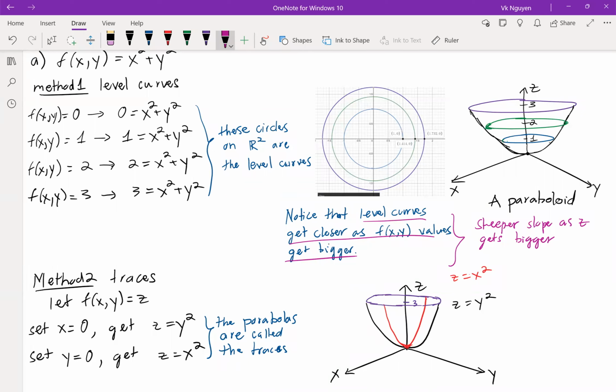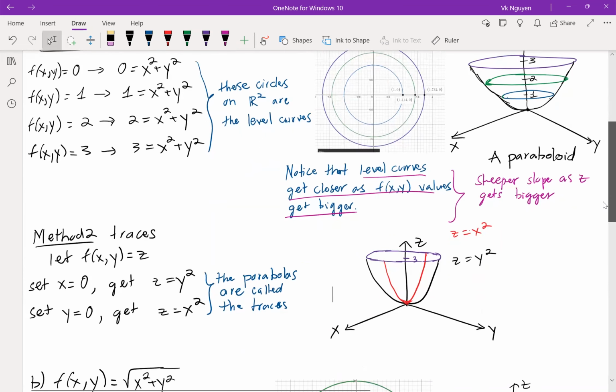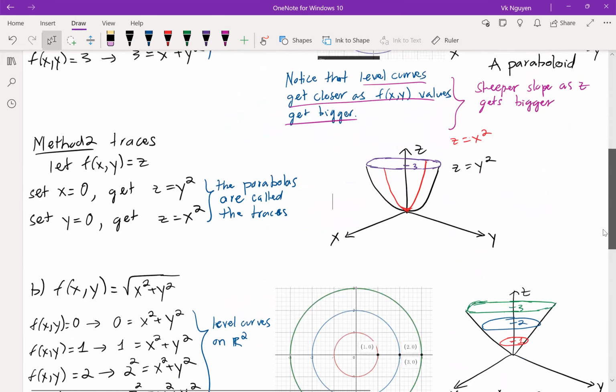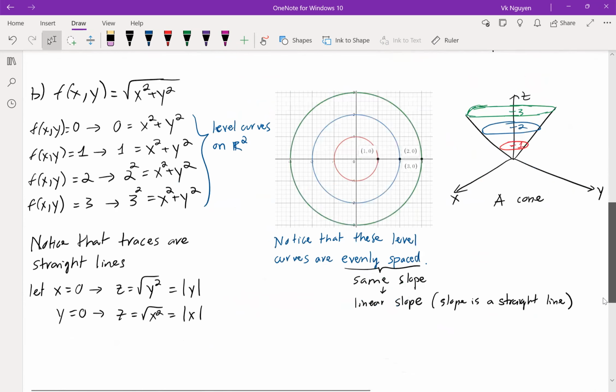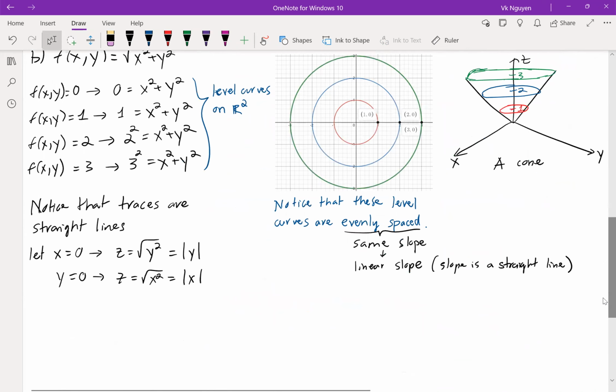Right? So that's why you see down here traces, they are parabolas. Okay, traces or straight line.